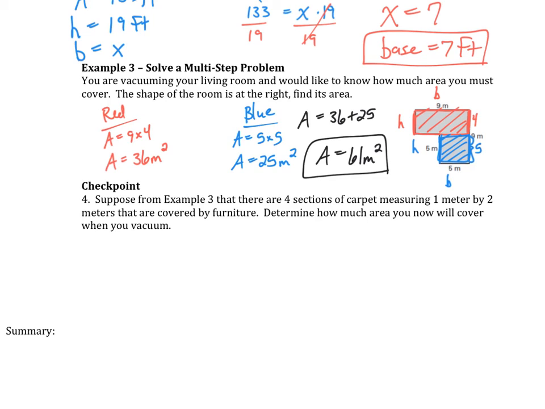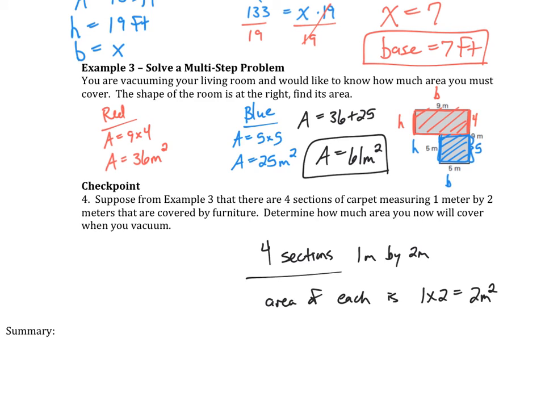Okay, and let's just talk about the checkpoint. It says, suppose in example 3 that there are 4 sections of carpet covered or measuring 1 meter by 2 meters that are covered. So if you're going to vacuum, you don't have to vacuum underneath those pieces. So if we have 4 sections that are 1 meter by 2 meters, to find the area of each section, we would do 1 times 2, which is 2 meters squared.